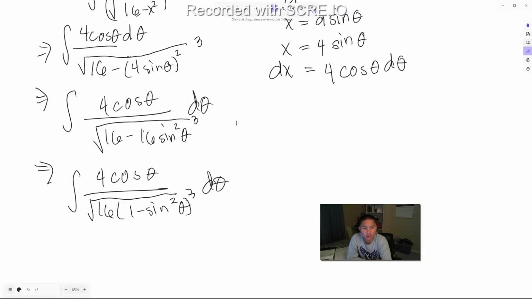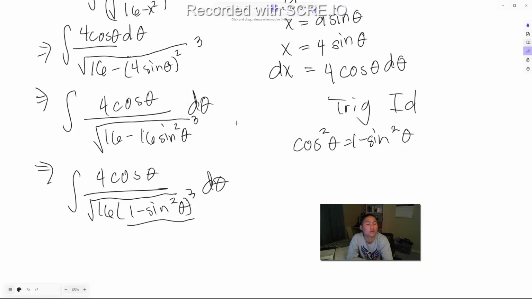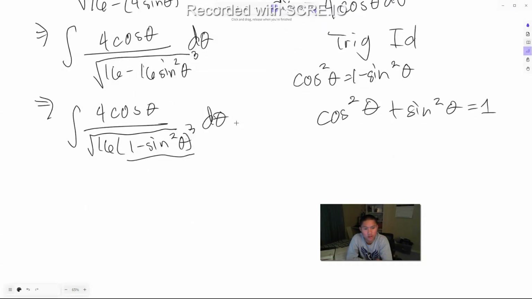Now, looking at this, 1 minus sine squared theta, if you remember, is one of our trig identities. 1 minus sine squared theta is equal to cosine squared theta, and that's coming from the original identity, cosine squared theta plus sine squared theta is equal to 1. You plug that back in.